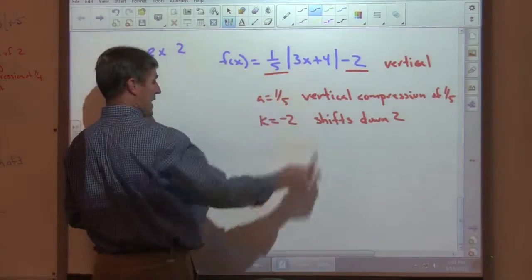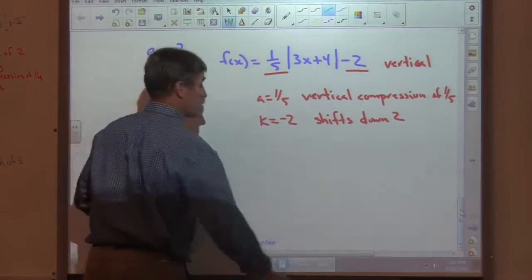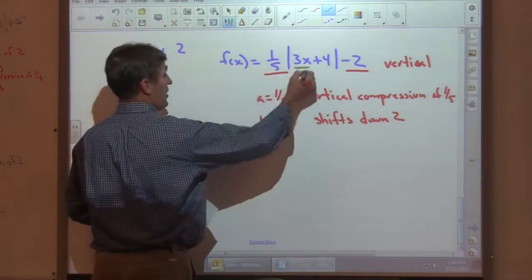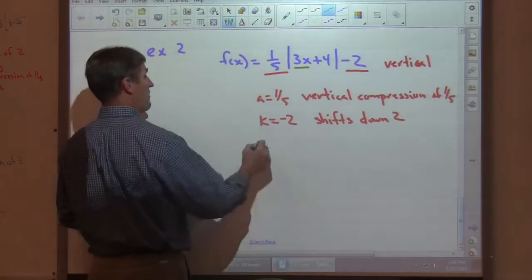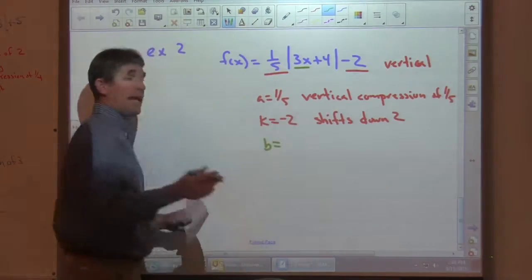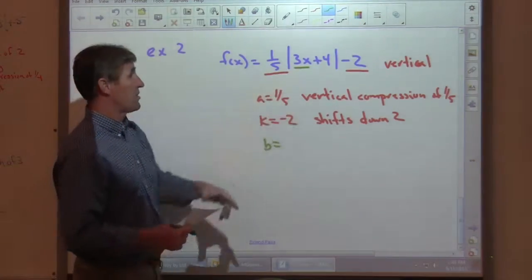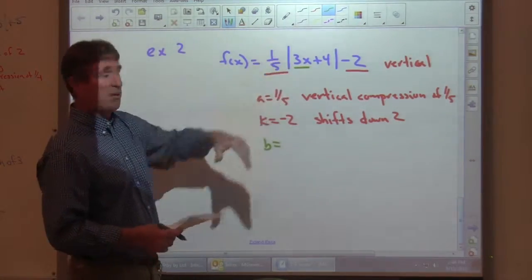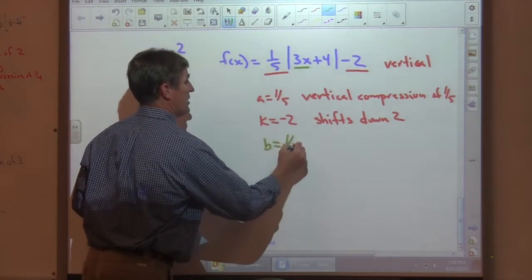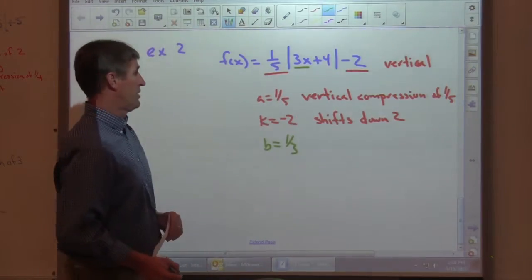Now we go to inside. So I'm going to start here with the 3. Remember, we have our B value, and anything that's inside, horizontal, it's the inverse of what it says. So the inverse of 3, it's multiplied, so we want the multiplicative inverse. So that would be the reciprocal, 1/3.